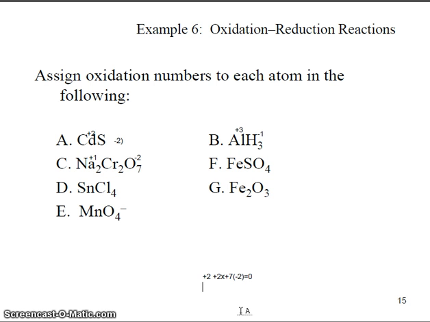And so you would say that 2x minus 12 is equal to 0. Adding 12 on both the sides and then solving for x, you can simply say that x will come out to be 6. So the chromium here will come out to be plus 6.